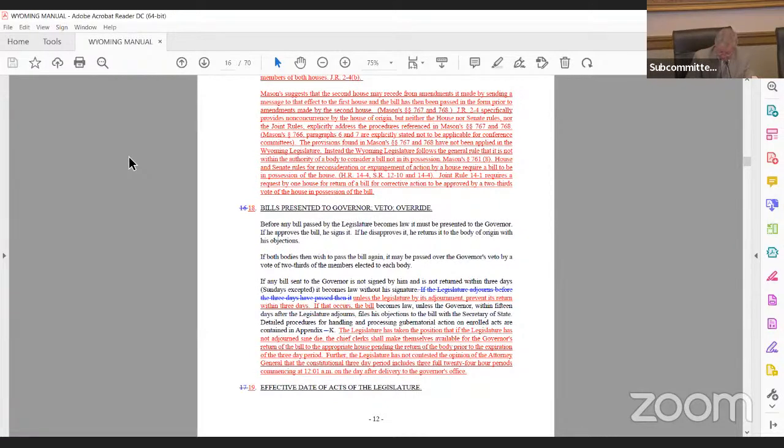The second issue is the last sentence, and this is subject to an AG opinion where the Attorney General has ruled that the 3 days is 3 full 24-hour periods. So he might have 3 days and 23 hours, actually. And all this says is that the legislature has not challenged that position.